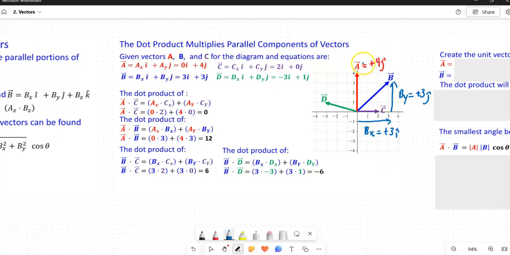So the only two parallel components of A and B are the By component and the Ay component, which is positive 3 times positive 4. So our answer should be 12.